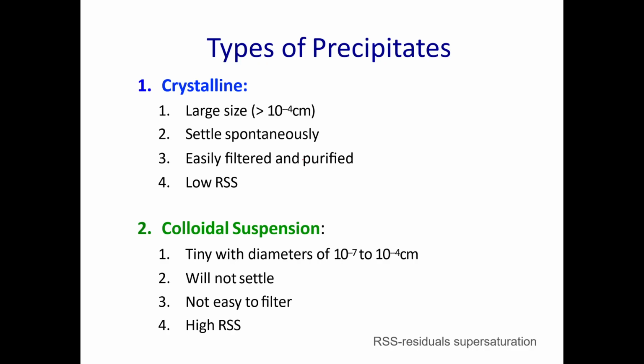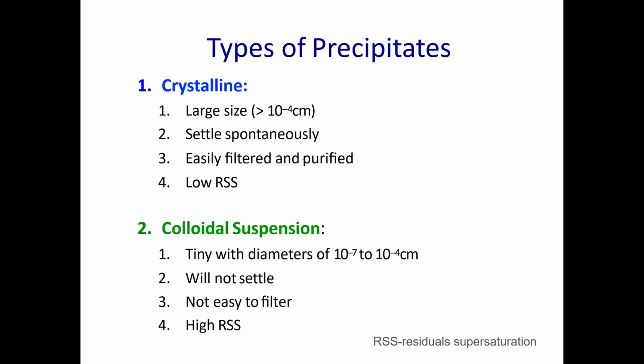Crystalline precipitate has a particle size of more than 10 power of minus 4 centimeter, and in the precipitation process it will settle spontaneously. Crystalline precipitate is easier to filter and purify, and it also has a low RSS, which is low relative supersaturation. I will explain RSS in the next slide.